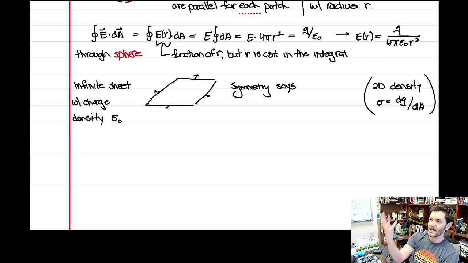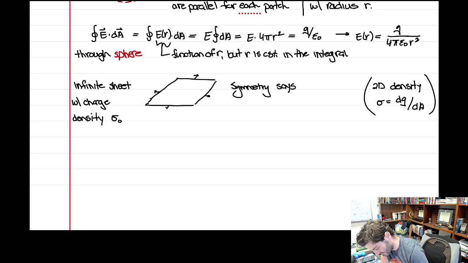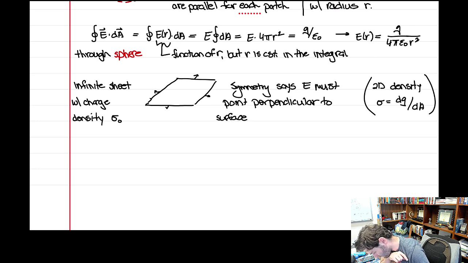So the only way you can have that rotational symmetry is if symmetry says that the E field must point perpendicular to the surface. If I were to draw the E field, it must look something like that.